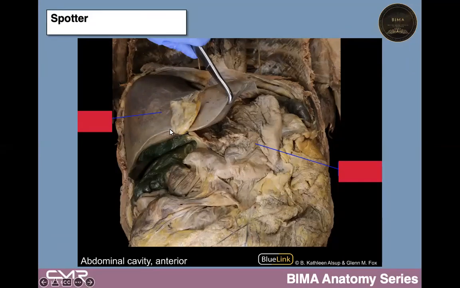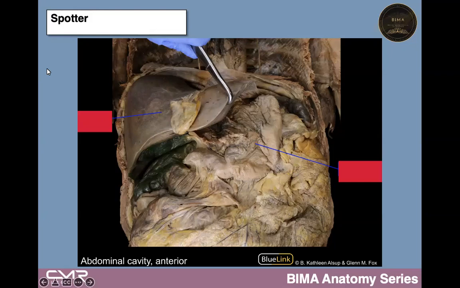Yeah, exactly. So obviously this is the liver. And the second landmark, what does everyone think that is? So the second landmark is obviously the stomach.